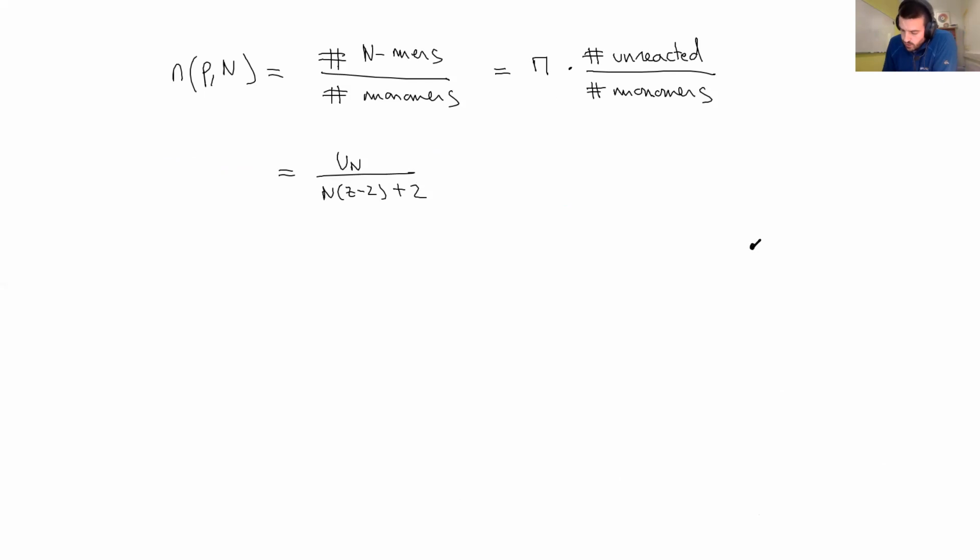Well, I take a system on my lattice. I have a monomer here. What is the number of unreacted groups for this monomer? For one monomer, how many unreacted groups?